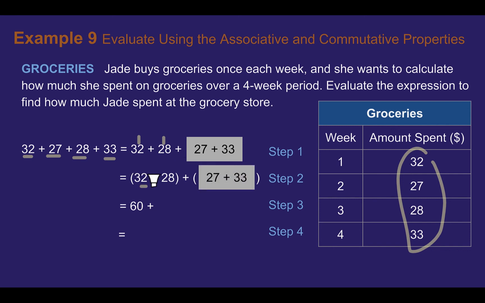So here they're grouping by the last number. 2 and 8 would make a 10, as would 7 and 3. Now, simplifying each set of parentheses, 32 plus 28 is 60. 27 plus 33 is also 60. Then simplifying by adding, we get 120. So Jade spent $120 over the 4 weeks.